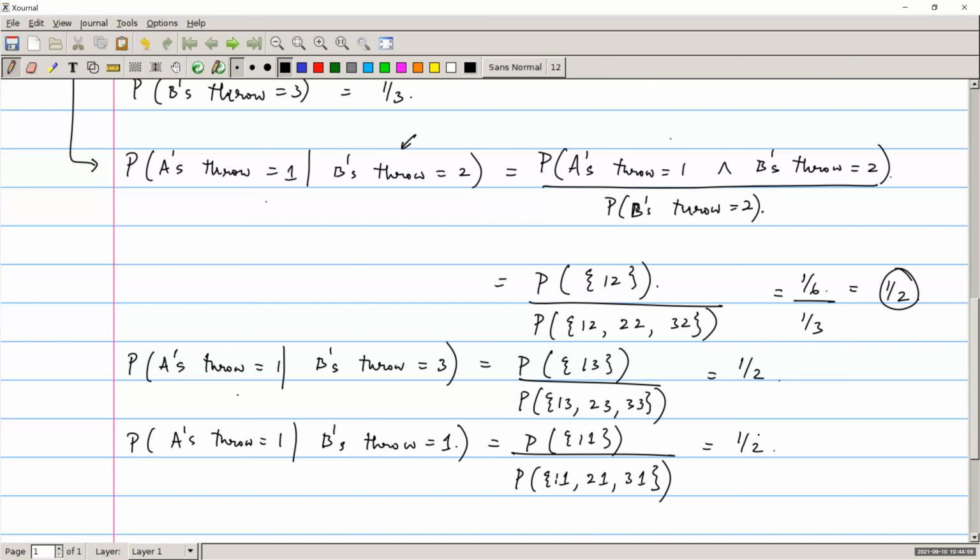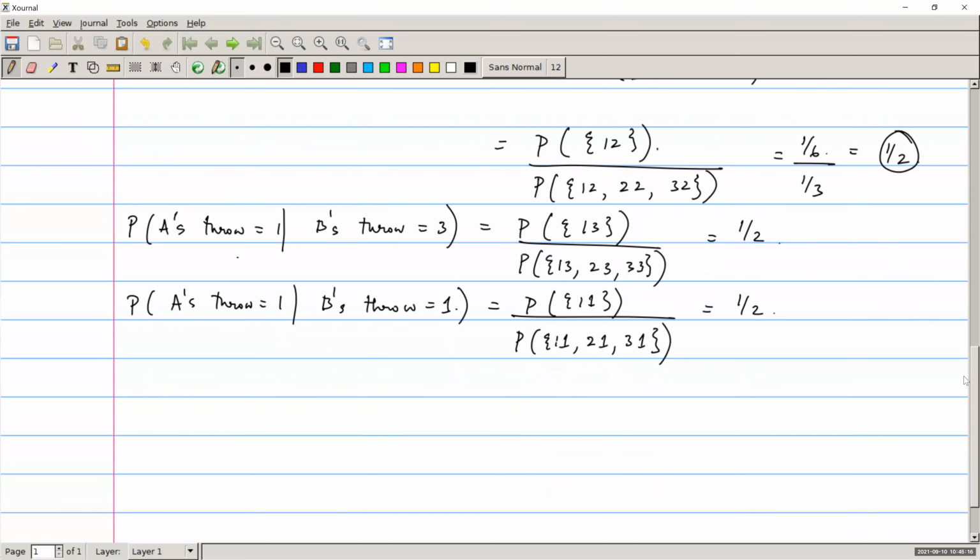on A's dice. And the way we know that this event does not provide any information on this event is that the conditional probability remains the same as the unconditional probability. So we have something like the probability A's throw equals 1 given B's throw equals 1 is the same as the probability that A's throw equals 1.